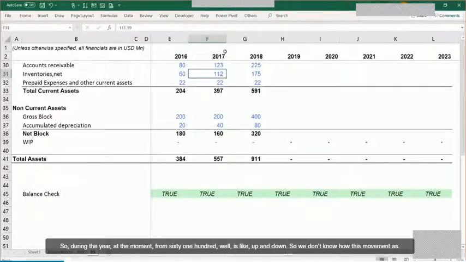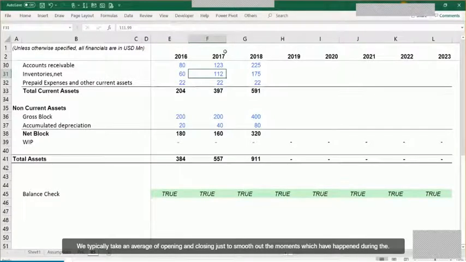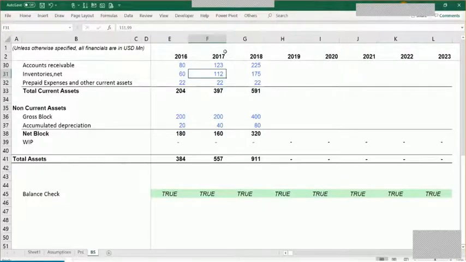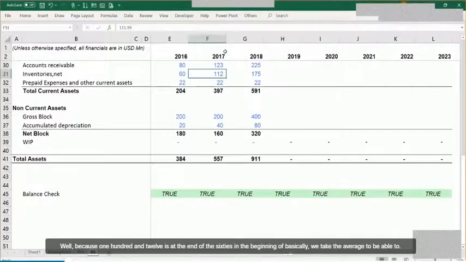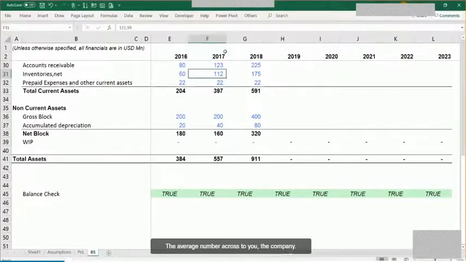So we don't know how this movement has been. So we typically take an average of opening and closing just to smooth out the movements which have happened during the year. Because 112 is at the end of the year, 60 is in the beginning of the year. So basically we take the average to be able to see the average number across the year which the company had.